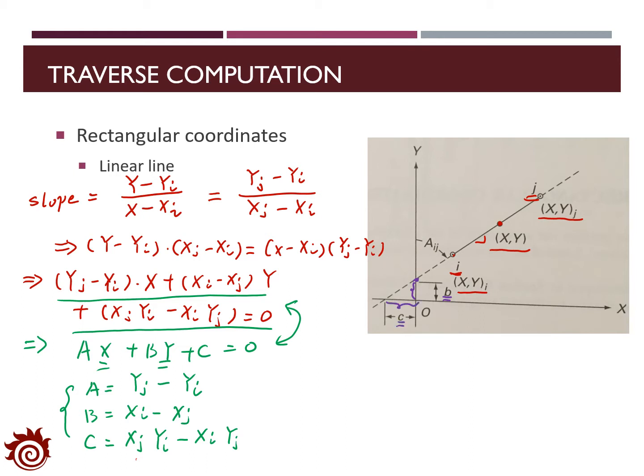In addition, we will have the angle between the line and the y-axis. For these three variables, we can actually define them based on the three constants in that equation. For letter c, it equals to minus C over capital A.